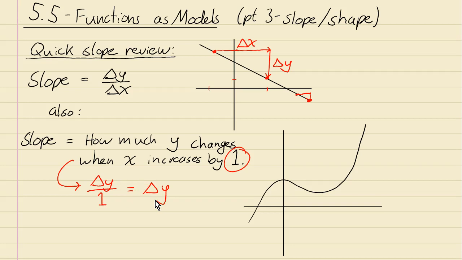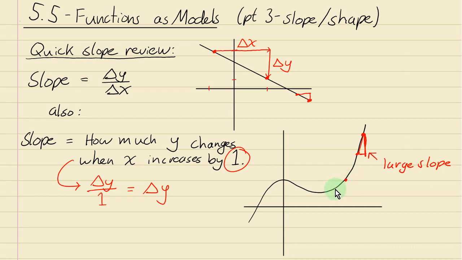And if you have something that's not a line, you can still take 2 points on it and draw a little line between them. So here you could have a very small delta x and a larger delta y. In that case, if you have a larger delta y divided by a small delta x, you're going to get a large slope.